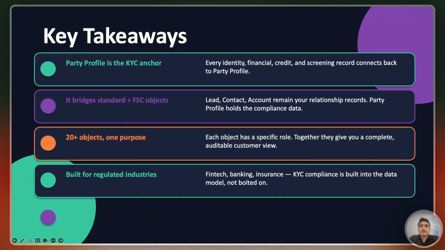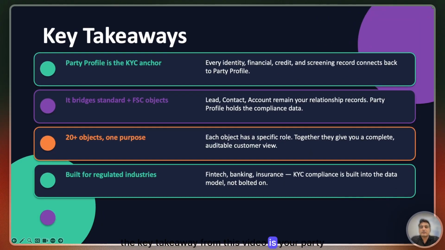The key takeaway from this video is that your party profile is the KYC anchor. Every identity, financial, credit, and screening record connects back to a party profile. It bridges the standard plus FSC objects. So we have standard core Salesforce objects like lead, contact, and account, and we have multiple FSC objects, and the party profile acts as a mediator between all of these objects. We have around 20 objects, and all serve one purpose.